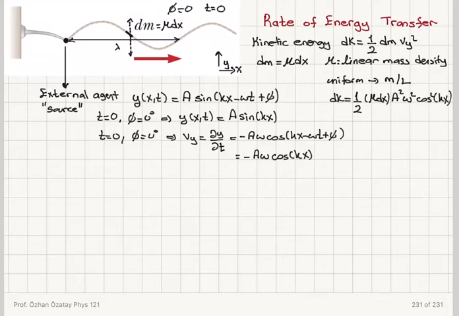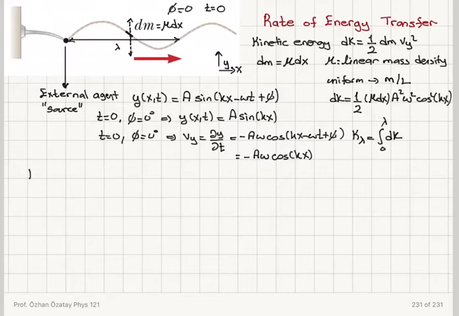And what I would like to know is how much energy is carried in one wavelength. So K_lambda is the integral of all such elements where x goes from 0 to lambda.